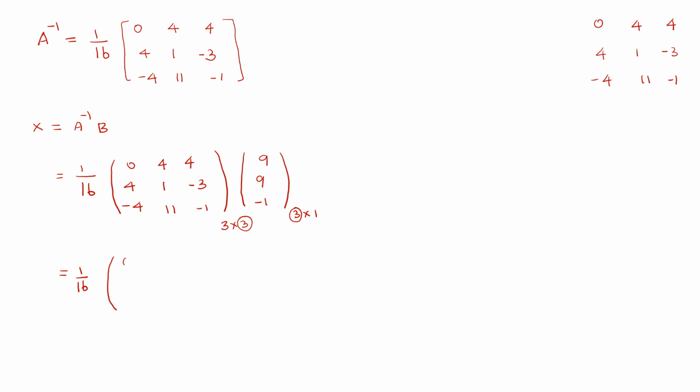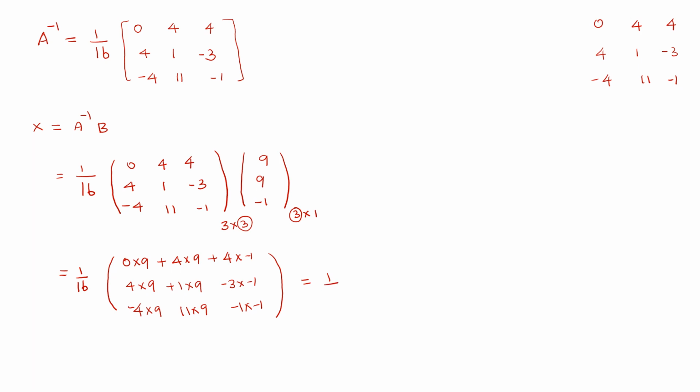So the first row is 0 times 9 plus 4 times 9 plus 4 times negative 1. So the resultant matrix you can get once again 3 cross 1. So second row, 4 times 9 plus 1 times 9 plus negative 3 times negative 1. And third row you can get 4 times 9 plus 11 times 9 plus negative 1 times negative 1.